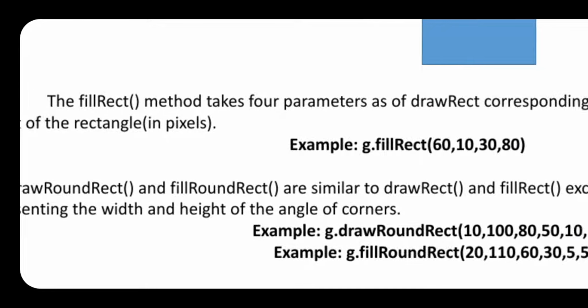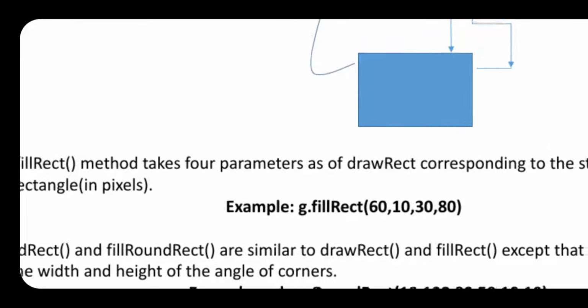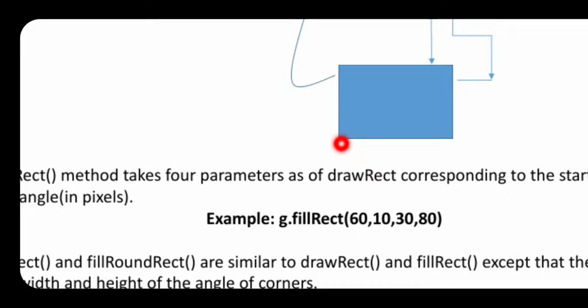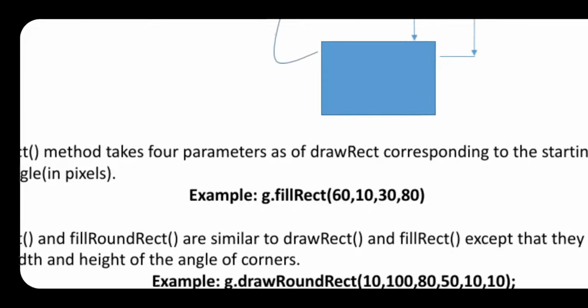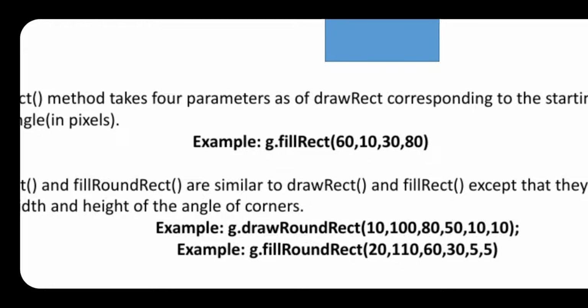Then in the same way you use a rounded rectangle. A rectangle has sharp edges, but when you make a rounded rectangle, these sharp edges become curved edges. For that you need two more values.